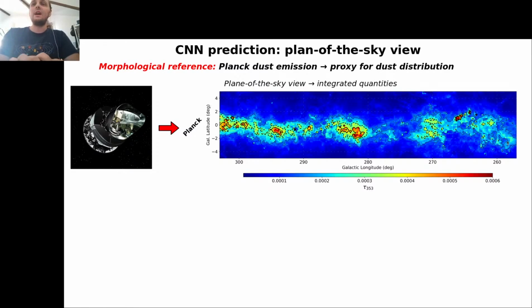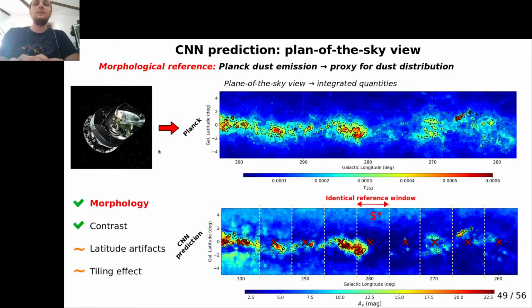Those are the observations from Planck, and here is the prediction of our network for the extinction. The red crosses correspond to the lines of sight we used to train the network, and the dashed yellow line corresponds to the switch in the reference CMD from the Besançon galaxy model, also used as input for the network.